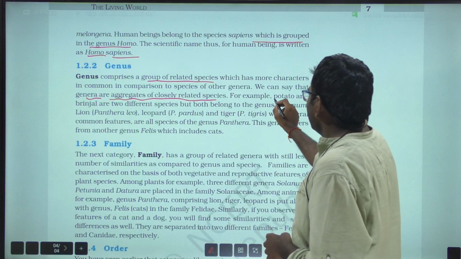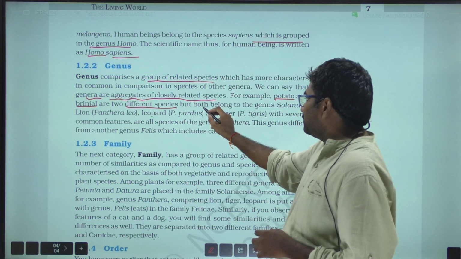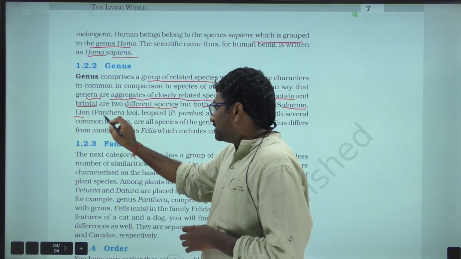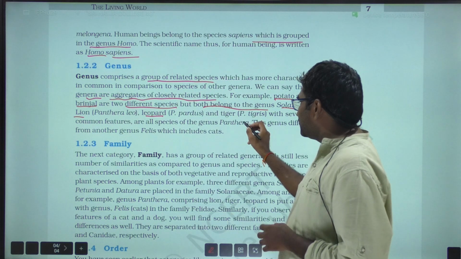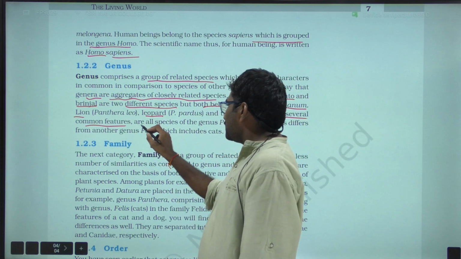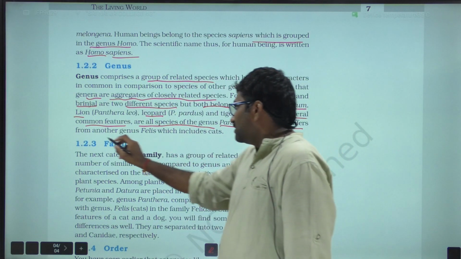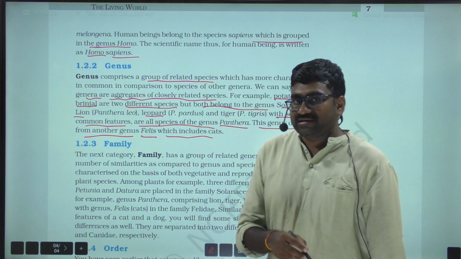For example, potato and brinjal are two different species, but both belong to the genus Solanum. Lion, that is Panthera leo, leopard Panthera pardus, and tiger Panthera tigris, with several common features, are all species of the genus Panthera. This genus differs from another genus, Felis, which includes cats.